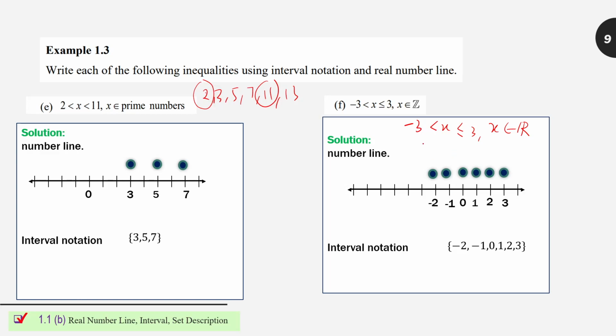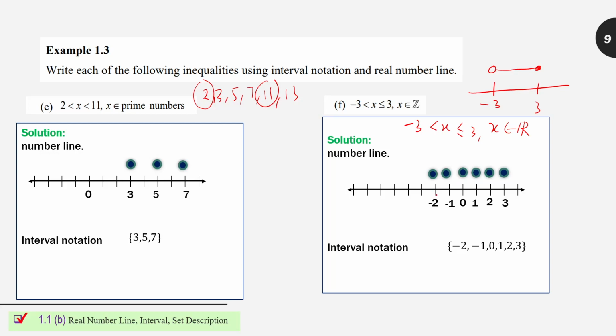The difference between these two answers is that here negative 3 is a round circle and 3 is a solid; they are not the same. The real number case represents any tiny value inside, with 3 inclusive.